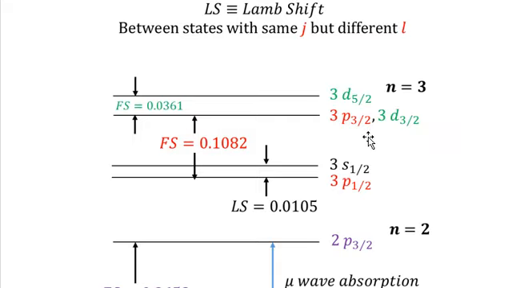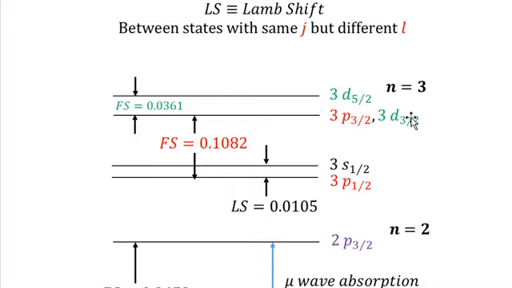Here I have shown that the p3/2 is actually very close to d3/2. Although p3/2 is slightly greater than d3/2, the energy gap between them was not available at the time the experiment was performed.